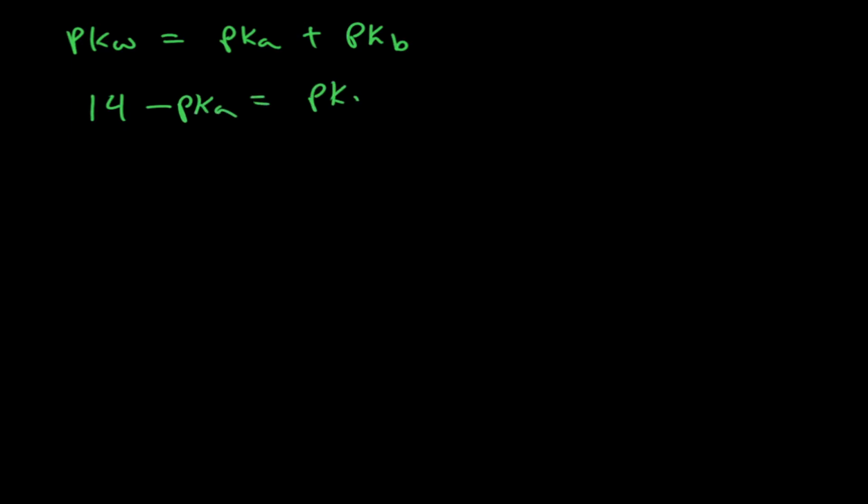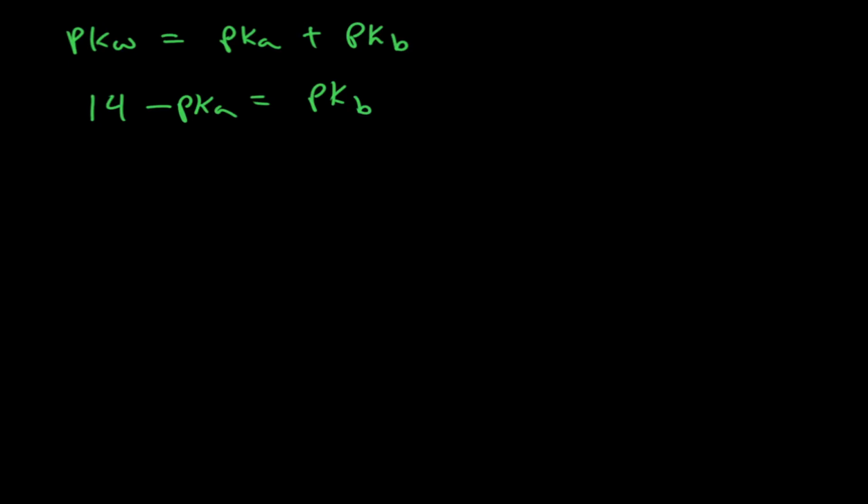So next, let's look at how to calculate pKb given pKa. It's important to note that pKw is equal to our pKa plus our pKb. And if you're given a pKa and you're asked to calculate the pKb, we know that pKw is 14, so we can simply rearrange the equation: 14 minus pKa, and that's going to give us pKb.